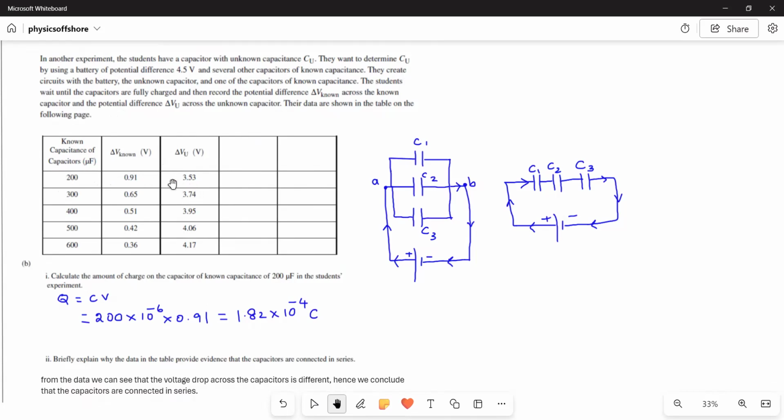Suppose we add these two. 3.53 plus 0.91, what is the answer? It is 4.44. And the total potential difference, the battery PD, is 4.5.